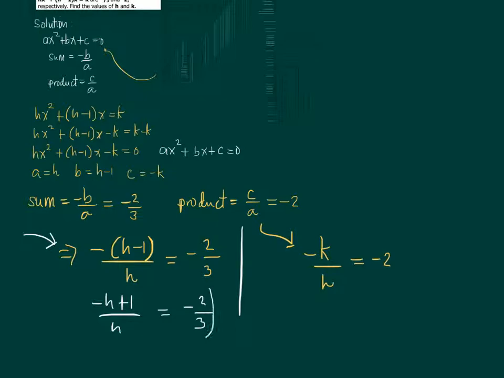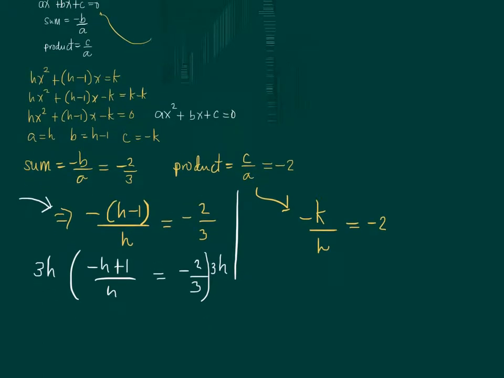And then if you multiply both sides by the LCD, 3h, the left side will turn into, so h and h will cancel, so you have negative 3h and plus 3 if you distribute the 3, and then on the other side 3 and 3 will cancel, so you have negative 2h.